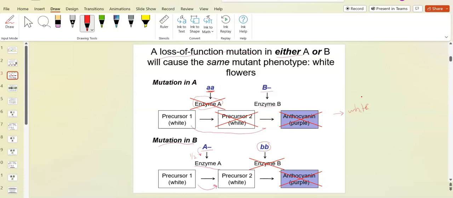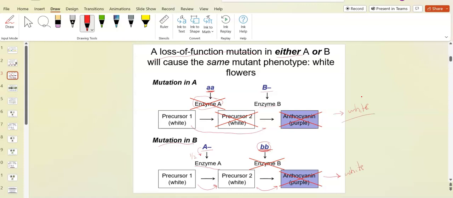So we're going to get precursor 2 made, but precursor 2 can't be altered by enzyme B because there's no enzyme B. It's homozygous recessive, and that means no enzyme B is made, and therefore we never get the purple color, and in the end we get white as well.